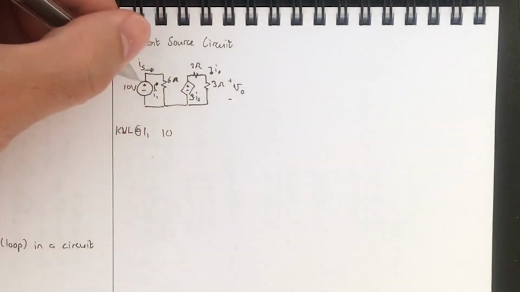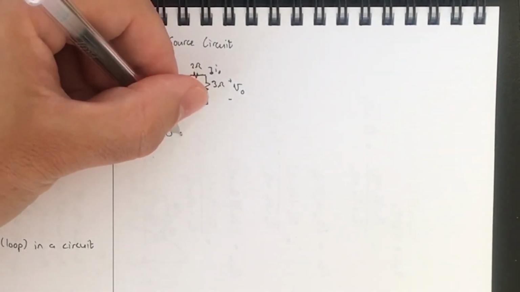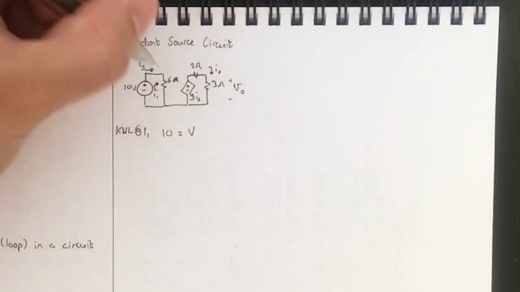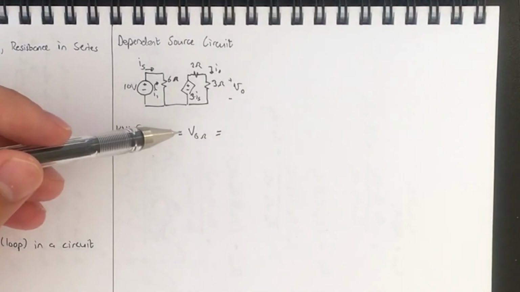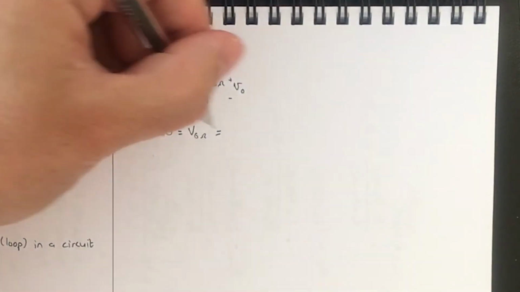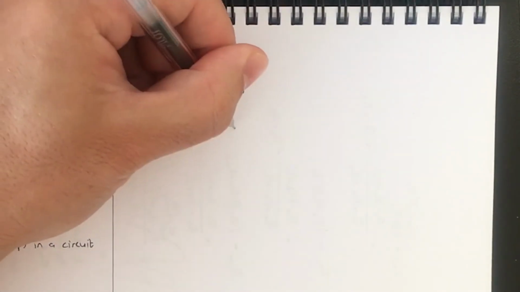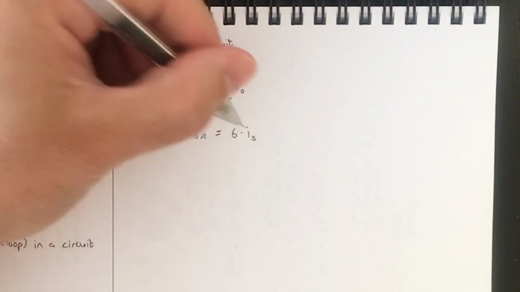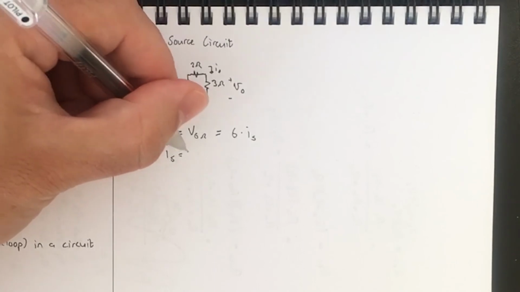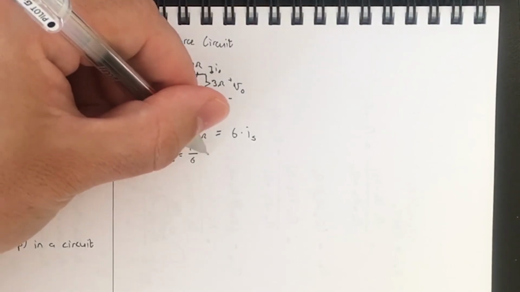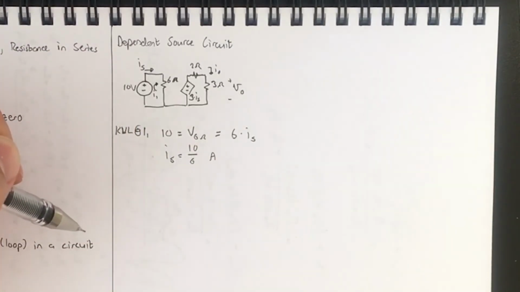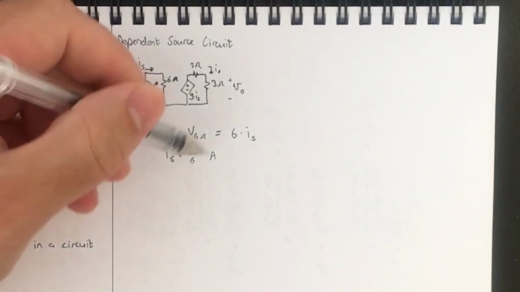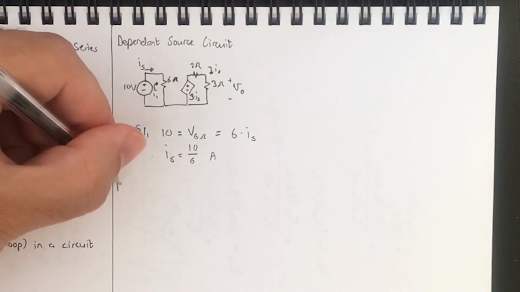So we have 10 is equal to the voltage V over 6 ohms. And from Ohm's law, we can say that V of the 6 ohms is 6 ohms times IS. So the resistance times the current. Then we can get IS as 10 over 6 amps. We can leave that in fraction form for now, as it might simplify later.